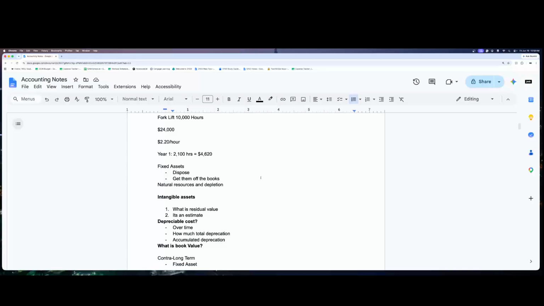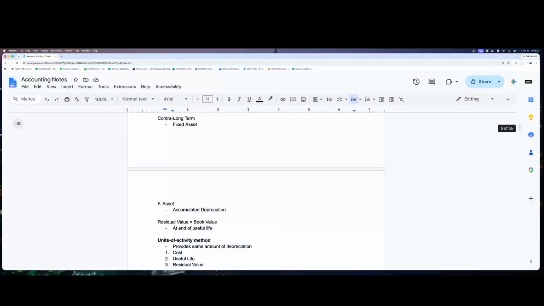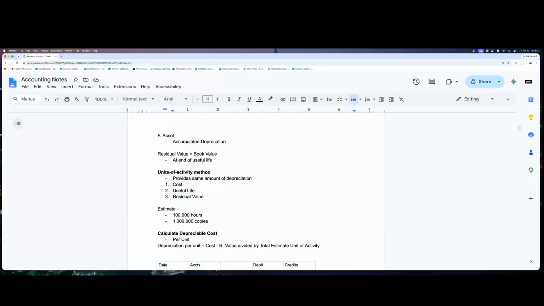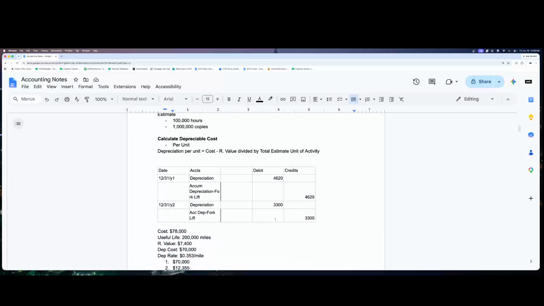Important things like intangible assets: what is the residual value of it? What is the depreciation cost? What is book value, contra long-term assets, residual value? That's being able to calculate this.